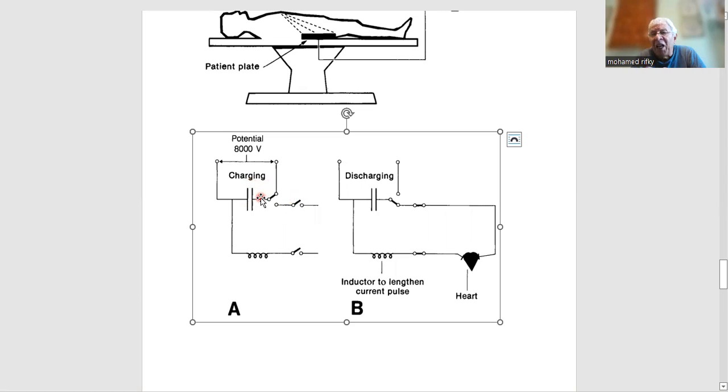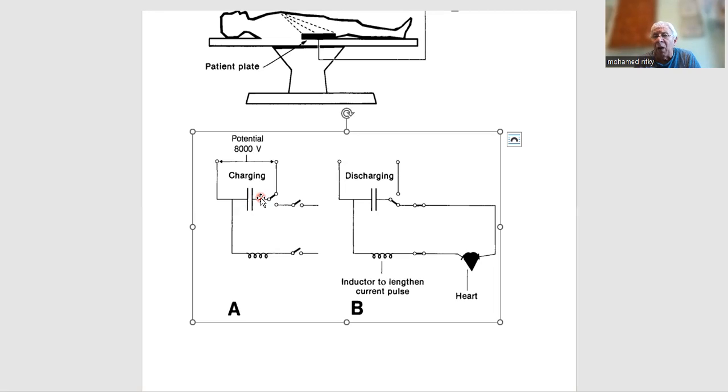Of course, we need energy to move this electrical quantity between the two plates of the capacitor, and to release it to the patient whenever we are in need of it. So this is the figure of the energy. Whenever I want to gain the energy, I multiply the volts by the amount of electricity, the coulomb.